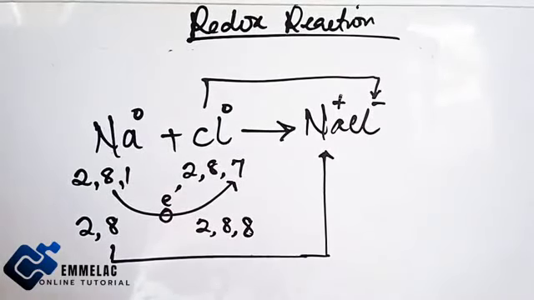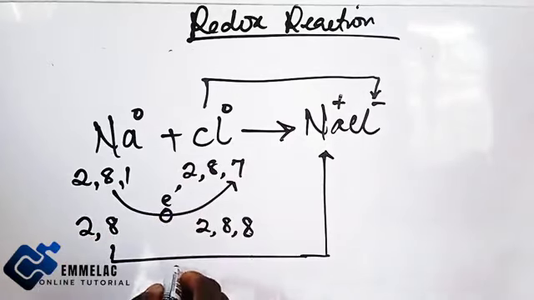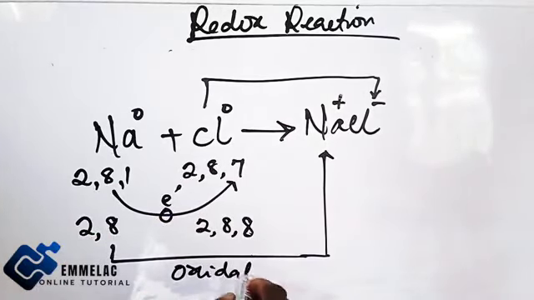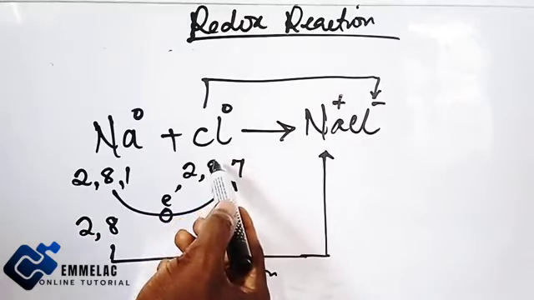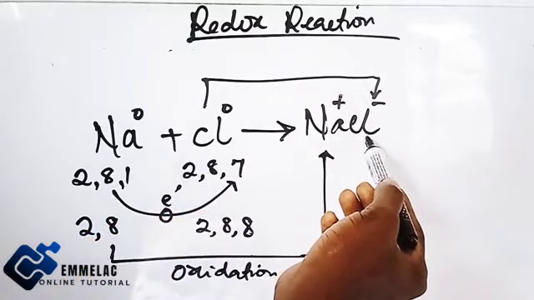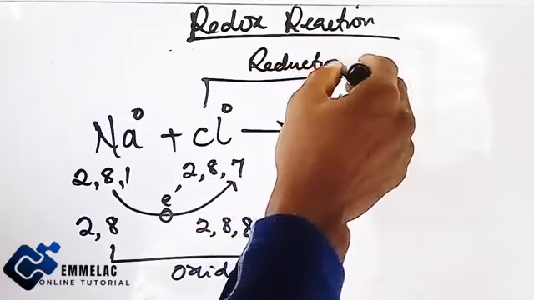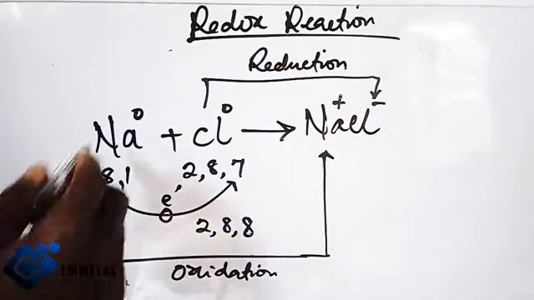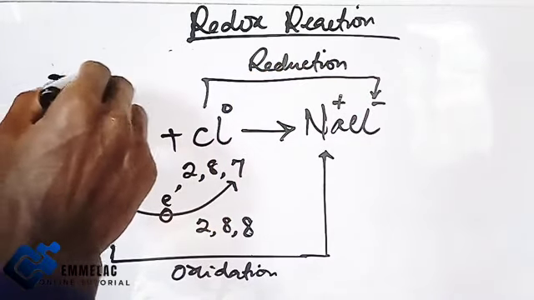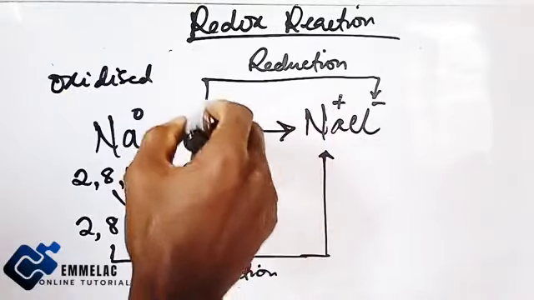For the fact that sodium loses an electron to chlorine, oxidation occurred. For the fact that chlorine gained an electron from sodium to become negatively charged, reduction occurred. So sodium here is oxidized and chlorine here is reduced.